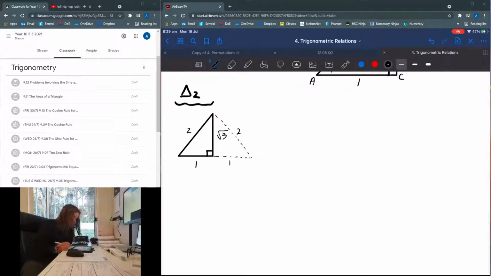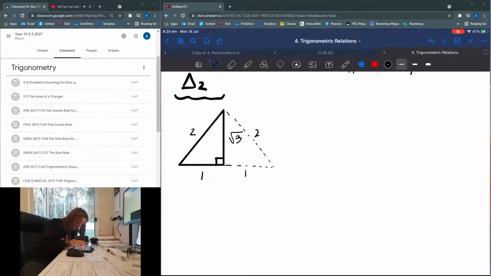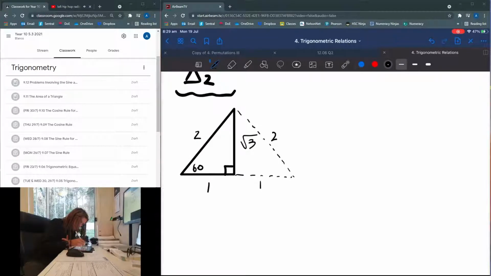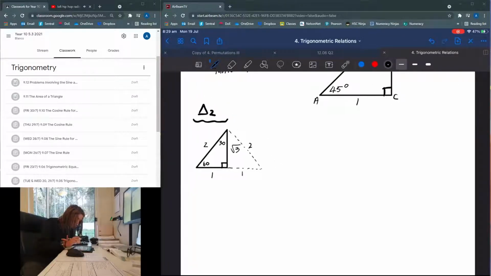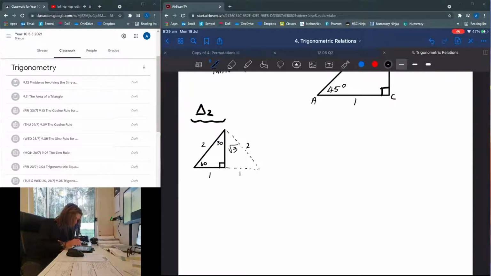That makes this 1. Now, this is actually an equilateral triangle, isn't it? Because that's 2, and that's 2, so that means that's 60, 60, and 60. So this is 60, this is 60, which means that's 30.